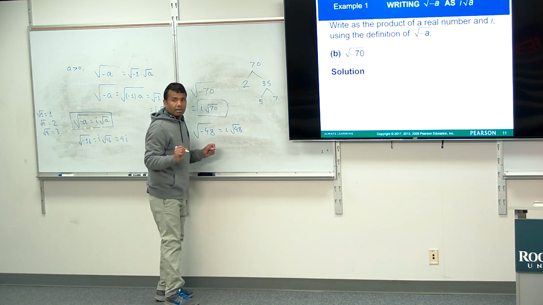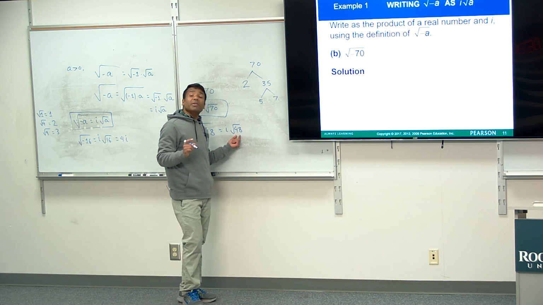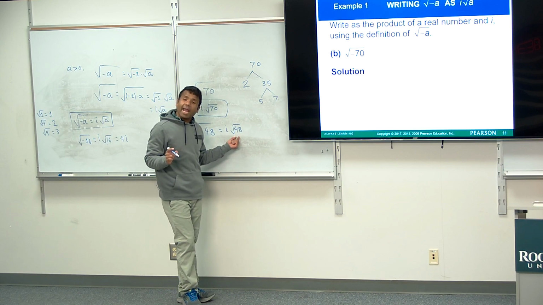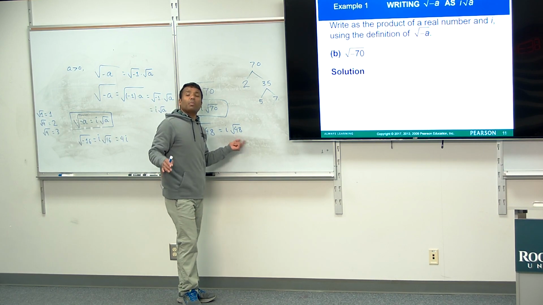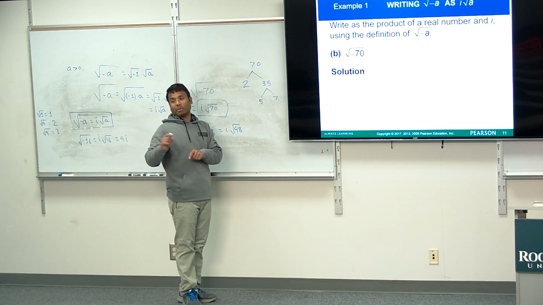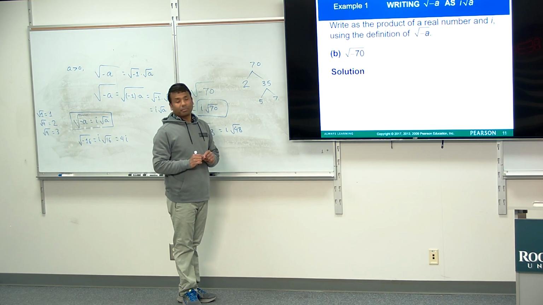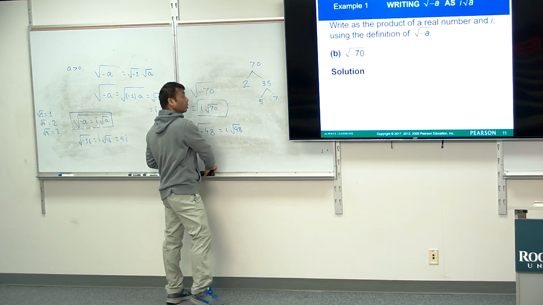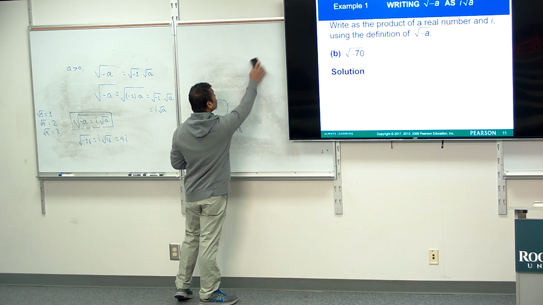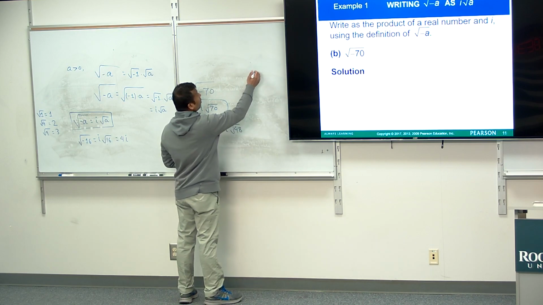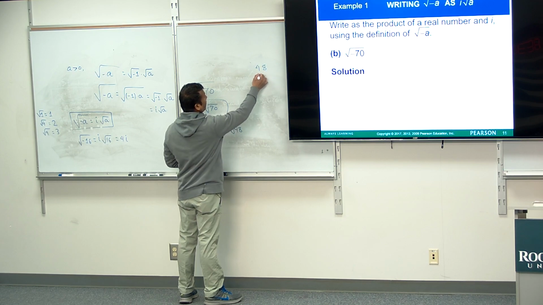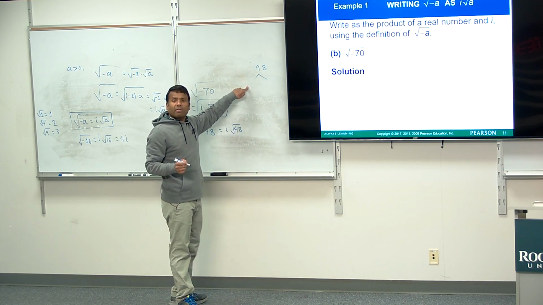Now, my question is, can we rewrite 48 as a product of a square number and another number? So now we will use this way. You can do some mental math, but what I like to do is this: what is the least prime number that divides 48?